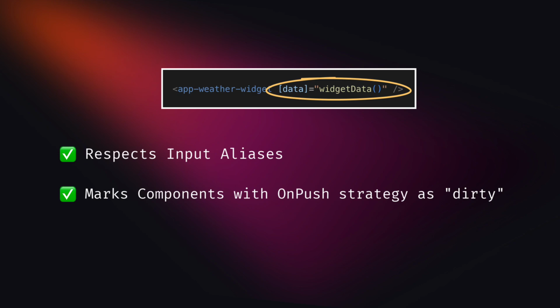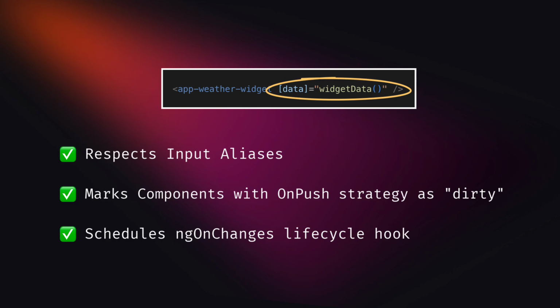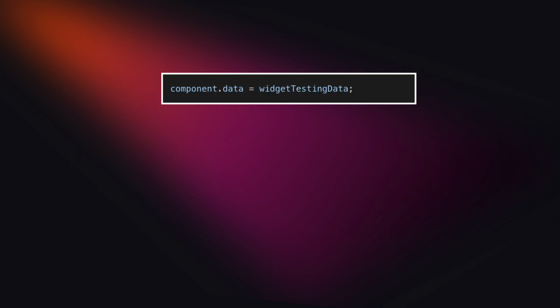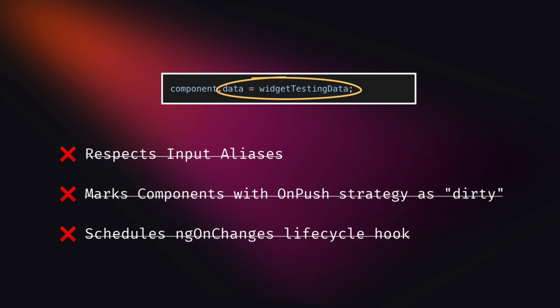It marks the component as dirty if it has OnPush change detection strategy and schedules the ngOnChanges lifecycle hook. In contrast, updating component input by simply overriding the class property bypasses all those things, which means that the component in your tests behaves differently from how it behaves in a normal environment in your application.